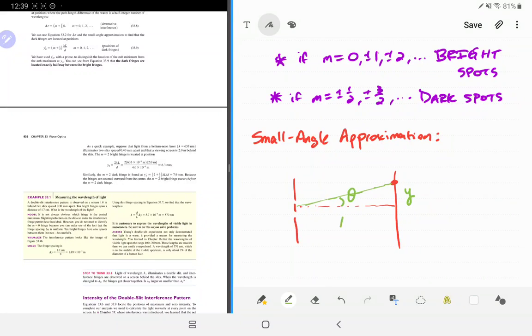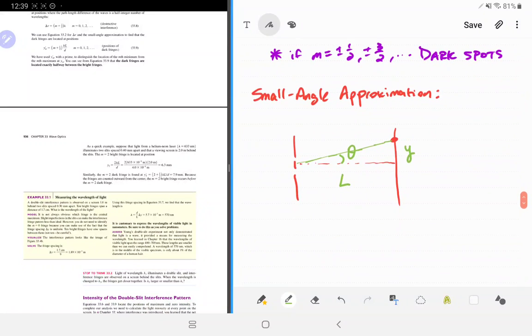So if that's theta, that's L, and that's y, we can relate these with sine theta approximately equal to, and this is where the small angle approximation comes in. If theta is in radians, theta is much, much less than 1. So sine theta is approximately equal to theta, or tangent theta. All of these are the same if theta is small.